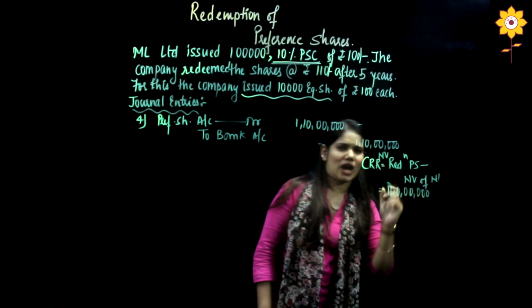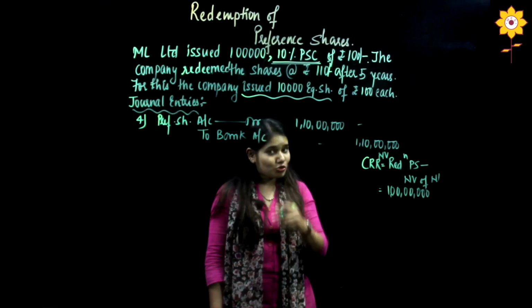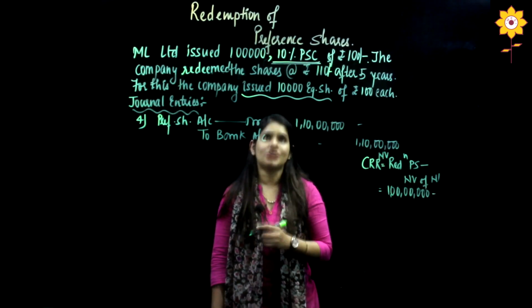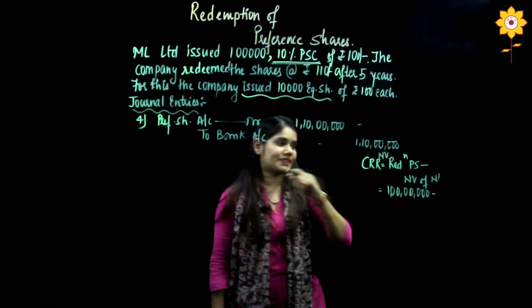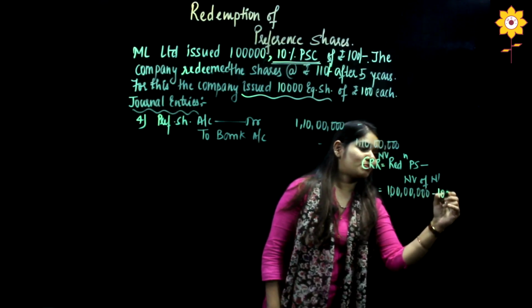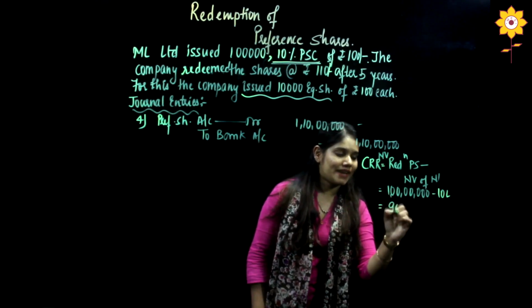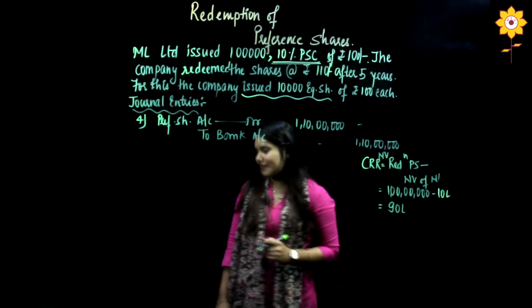At the time of issue, I had taken rupees 1 crore from the public, out of which I have done some new issue of equity shares, 10,000 equity shares of rupees 100 each, which gave me rupees 10 lakh. 1 crore minus 10 lakh gives me 90 lakh requirement, right?